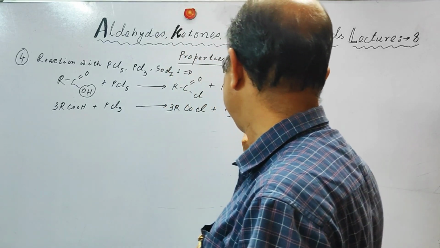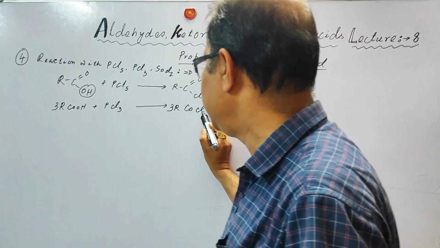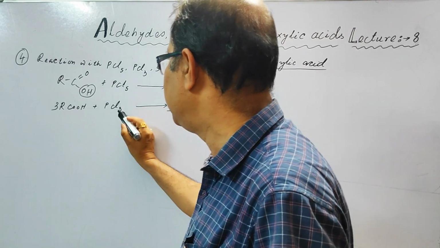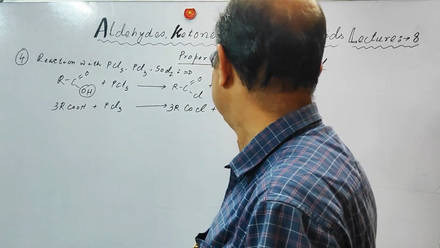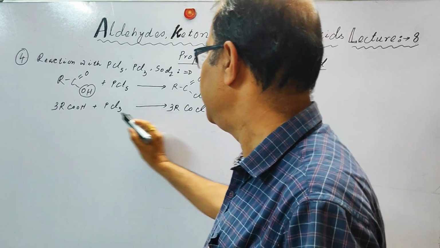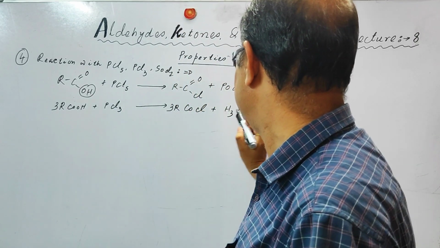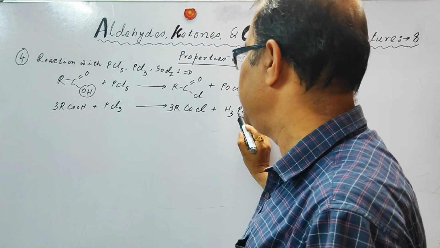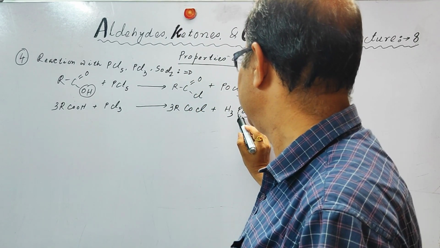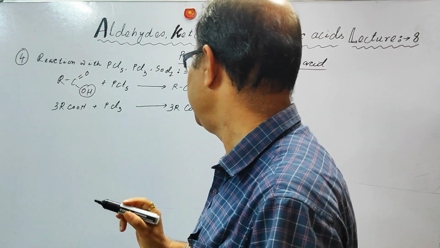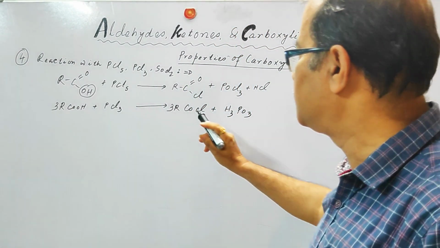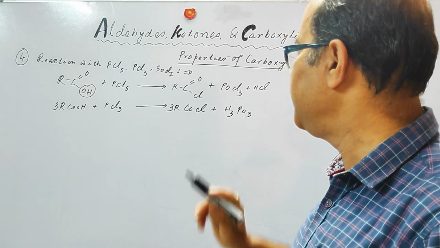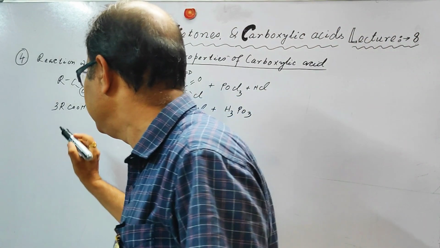Now you see whether it is balanced or not. 3 chlorine atoms here and 3 chlorine atoms here, and H3, H3, and P. This is balanced. So with the PCl3 you can also find that the acid chloride has been prepared.